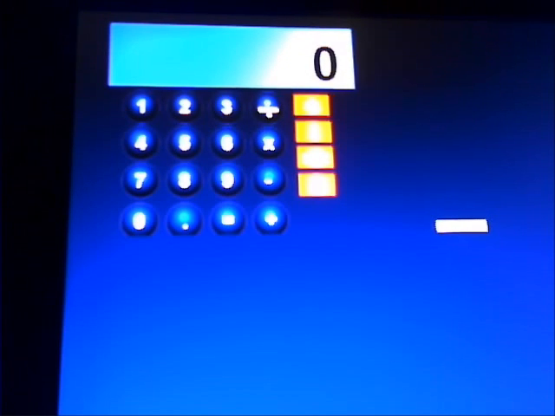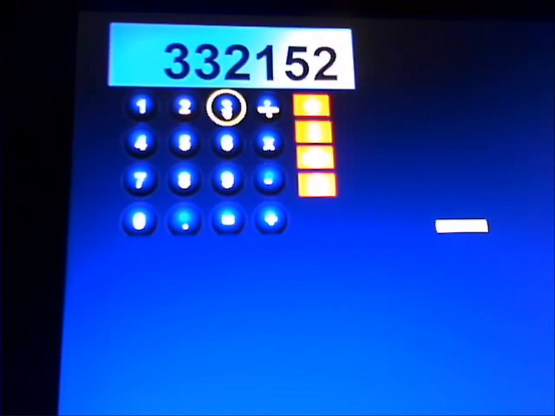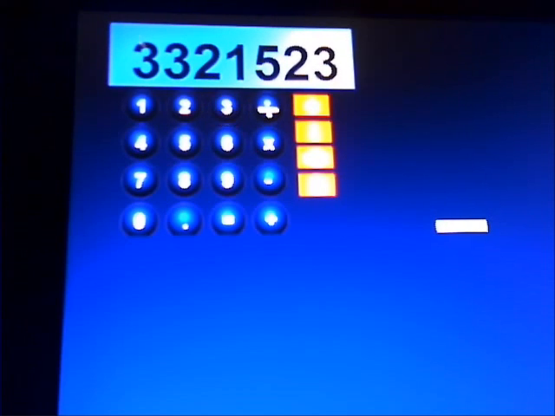Working out the mode is actually quite simple. I can quickly explain this to you. Right, you've been given this as a series of numbers: 3, 3, 2, 1, 5, 2, 3.